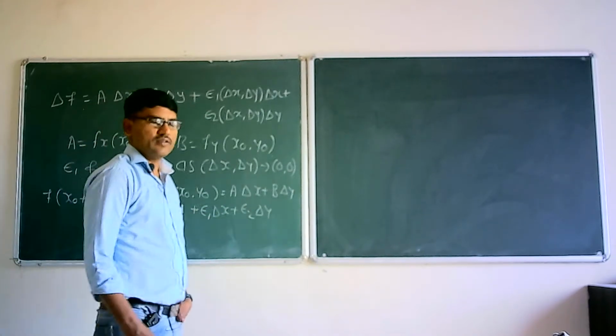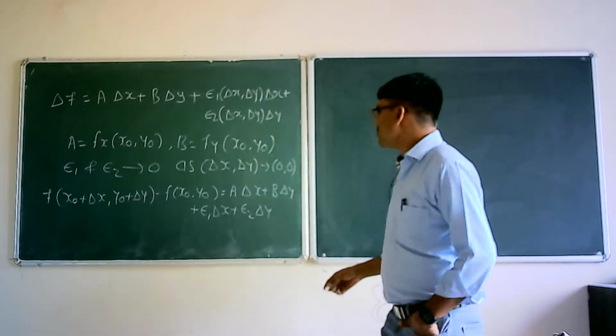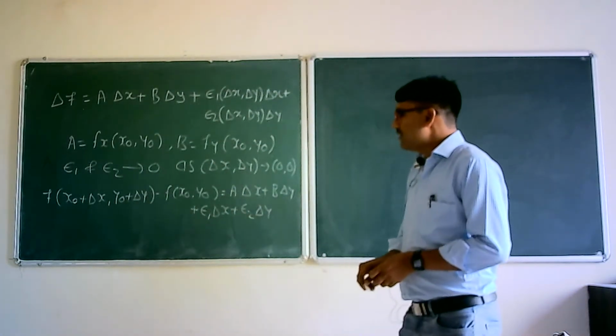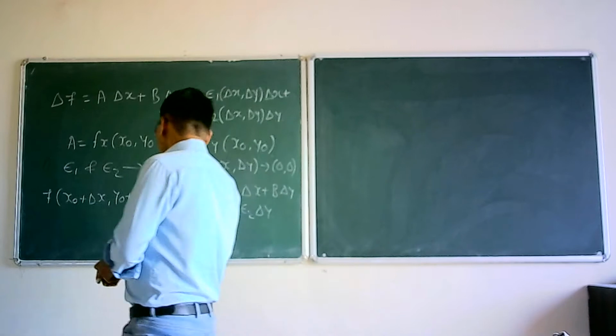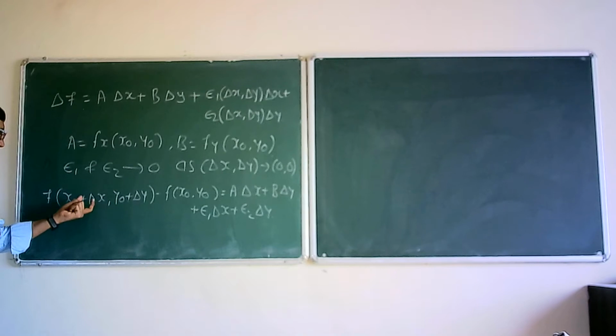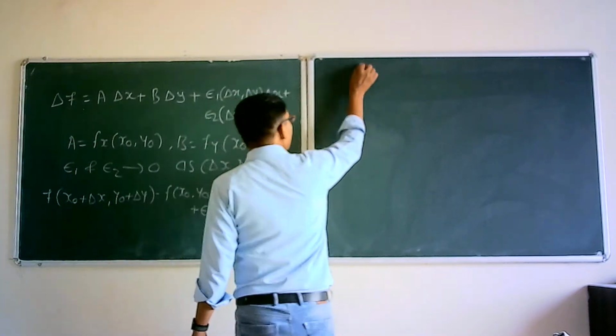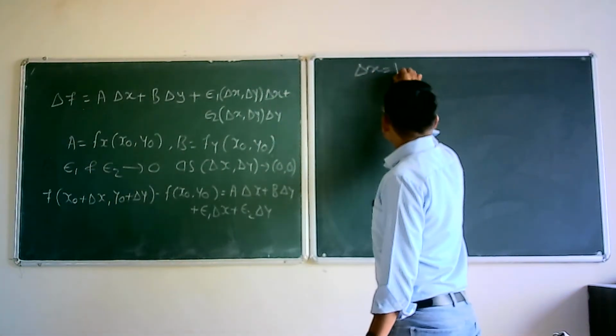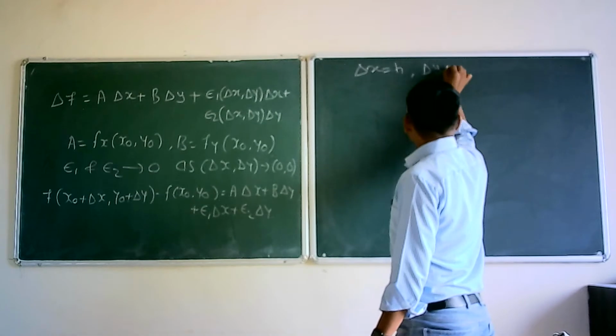Now there is one particular case. If you want to check whether a given function is differentiable or not at point 0, 0, we first write, instead of delta x, delta x is equal to h and delta y is equal to k.